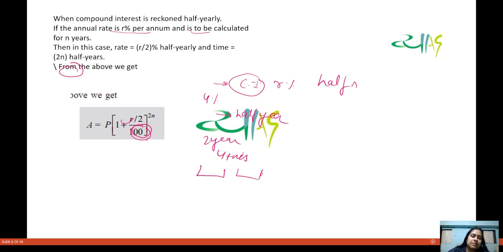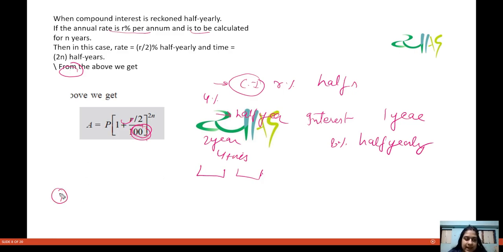So for example, if someone is saying that calculate the interest rate for 1 year if it is compounded at, let's say, 8% per annum half yearly. Please write this question in your copy when you will be solving.